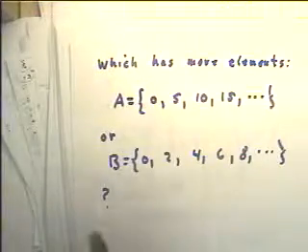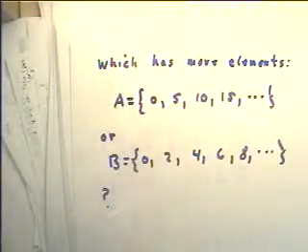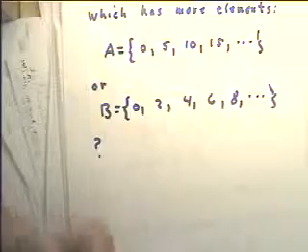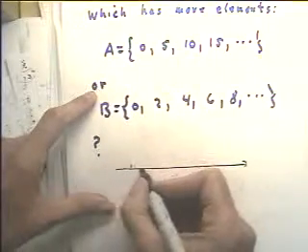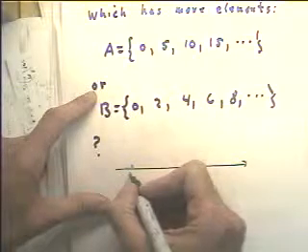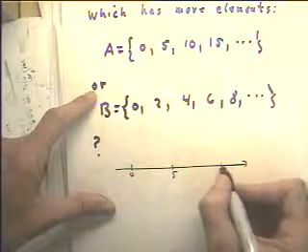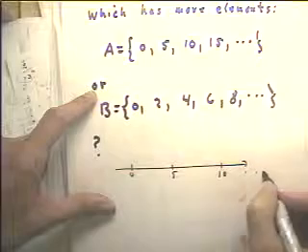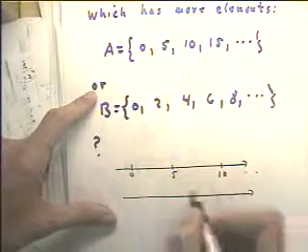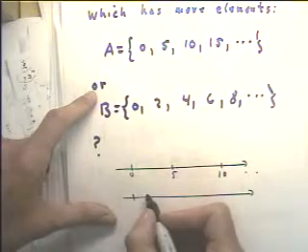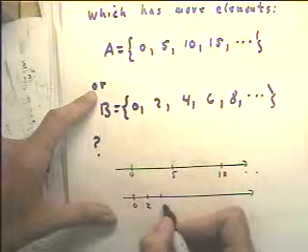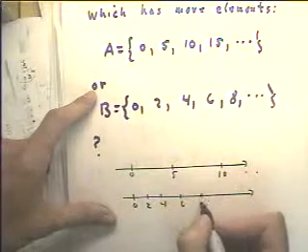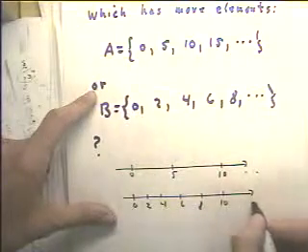answer this question. One way is if you graph these sets on a number line, it seems pretty obvious that the set A, which consists of 0, 5, 10, and so on, as opposed to the set B, which is 0, 2, 4, 6, 8, 10, and so on.